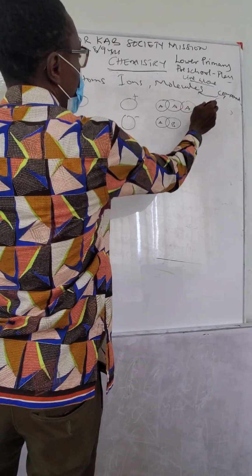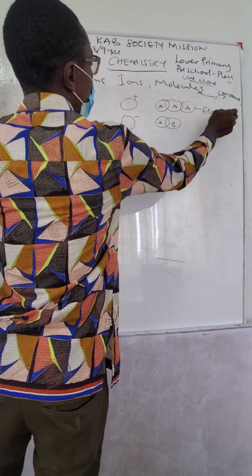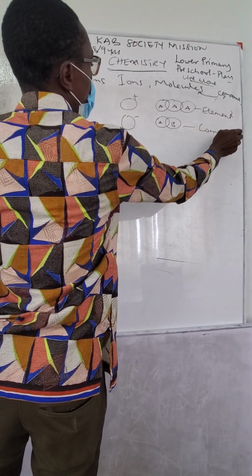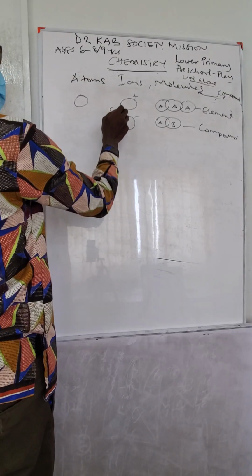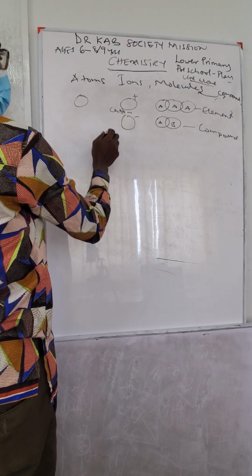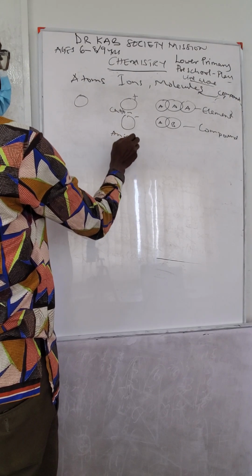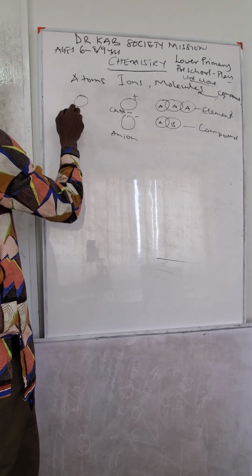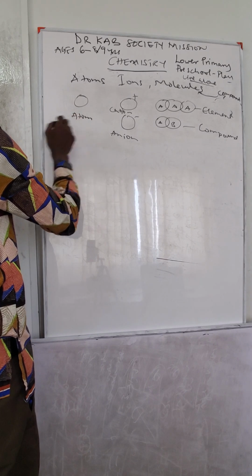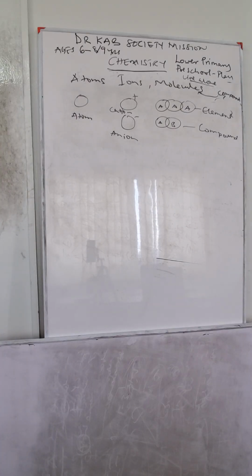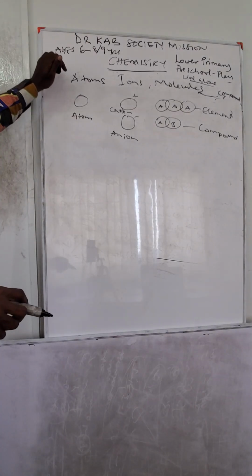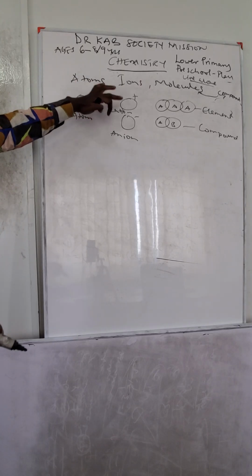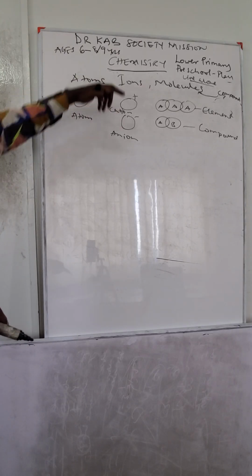These are molecules. So there is an element, the same thing. This is a compound. So this is a cation. This is an anion. This is an atom. The picture is going to make you remember things. It's going to make it clear. So this is not charged. That's an ion.